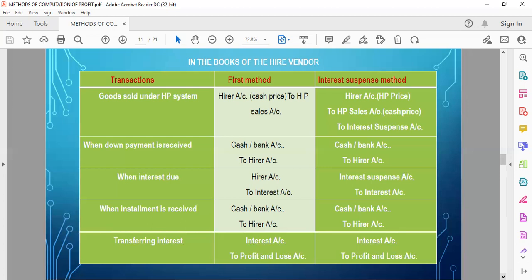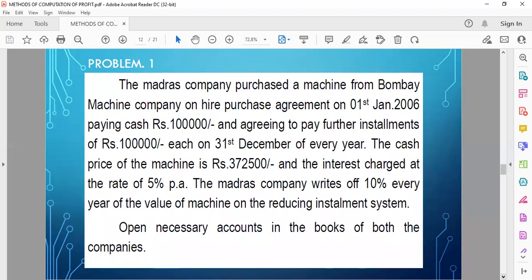In the second method, the same. Next, transferring interest. The first method is interest account debtor to profit and loss account. In the second method also, interest account debtor to profit and loss account.